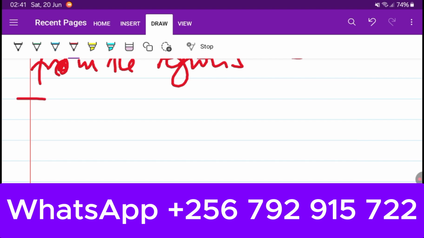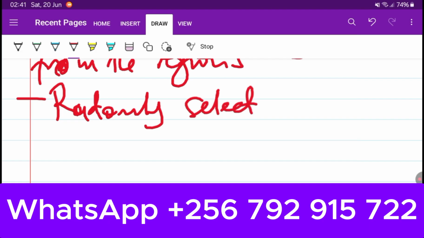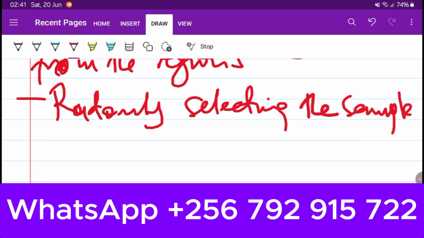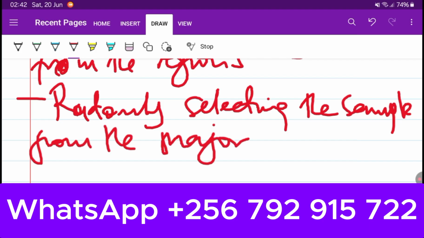So when you have selected the samples, then you go ahead to randomly select the samples from the major towns. Because, for example, we can select maybe the eastern, but eastern is so wide we can't study all the eastern.